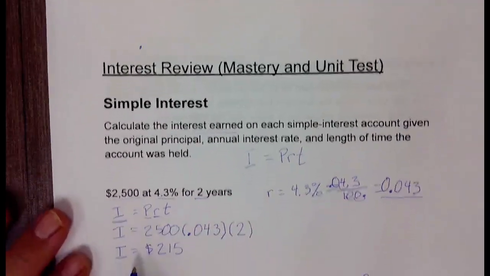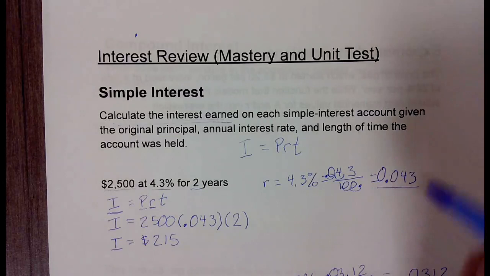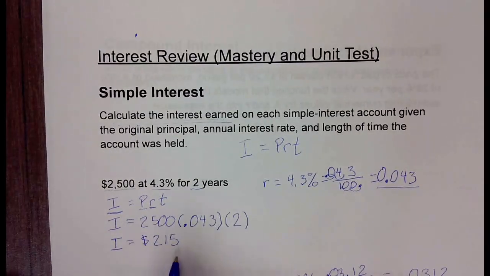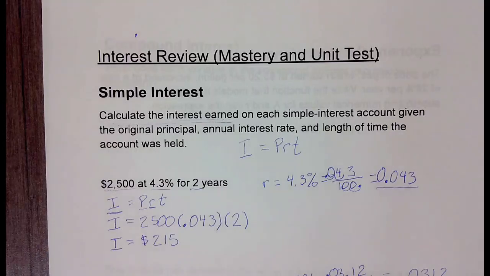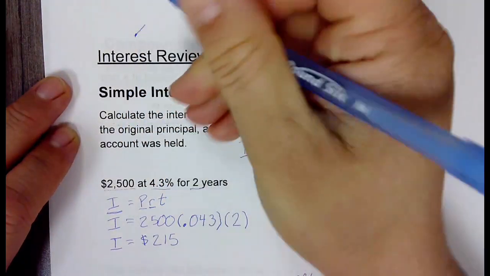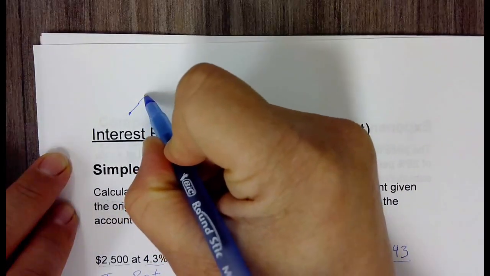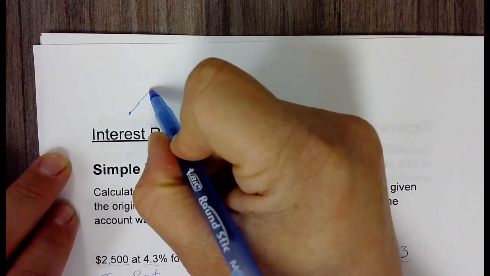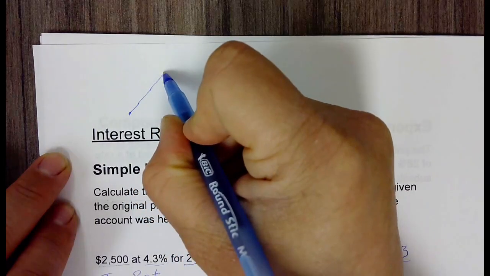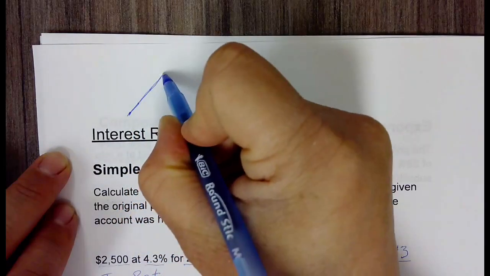So in the case of this one, I'm going to earn $215 every 2 years. So the first 2 years I earn $215 with the same amount of principal. The next 2 years I earn $215. The next 2 years I earn $215. And it goes on in a straight line.